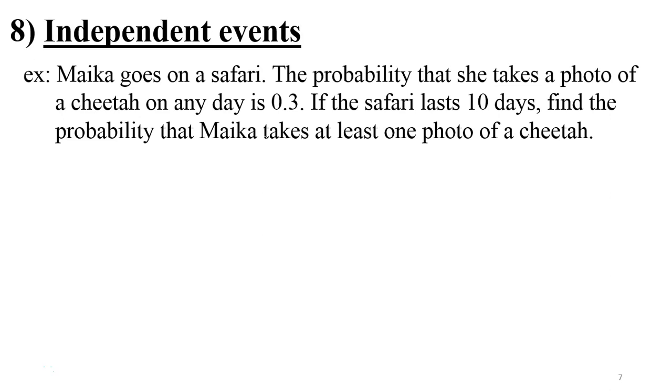However, they're asking for the probability that Micah takes at least one photo of a cheetah, and that is during all 10 days. So if I call the event A, that Micah takes at least one photo of a cheetah during these 10 days.